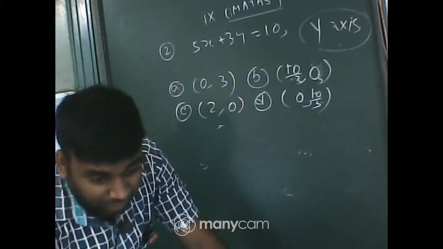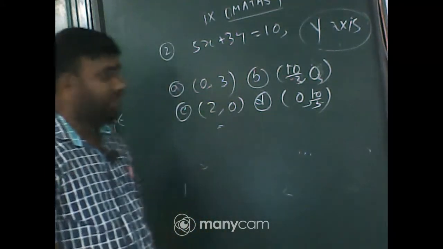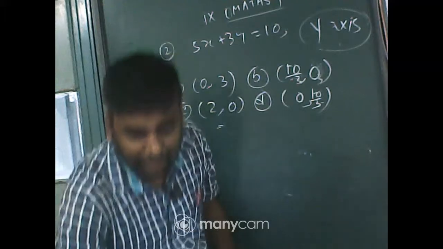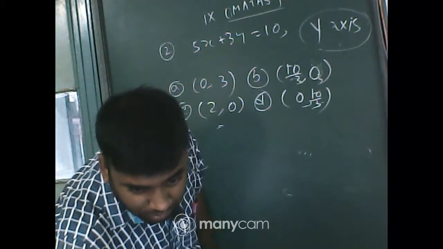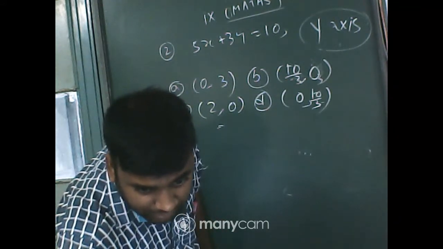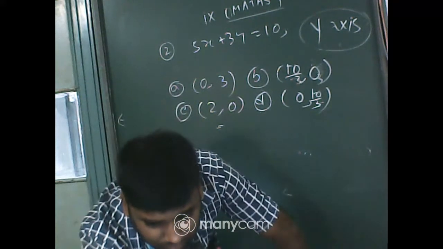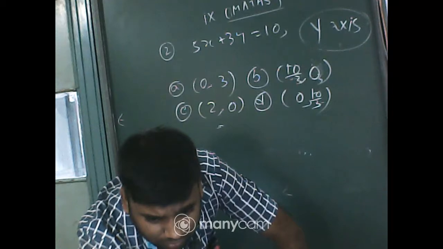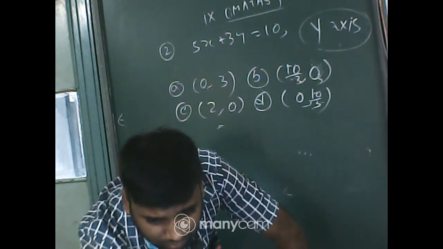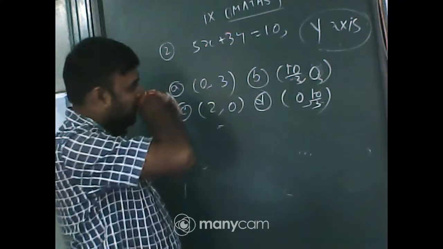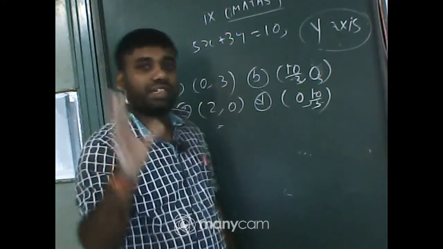Option D. Vivek, first you gave option B as the answer. Now you are telling me option D. First of all, you gave option B. Yes, first Riddhita answered. Well done, Riddhita, for giving the first right answer.